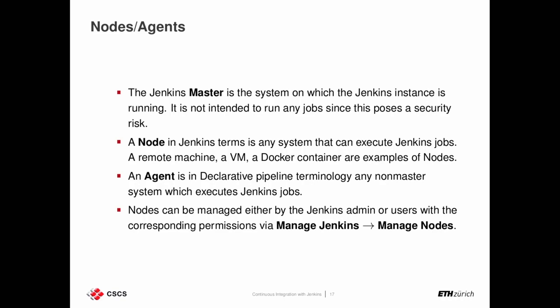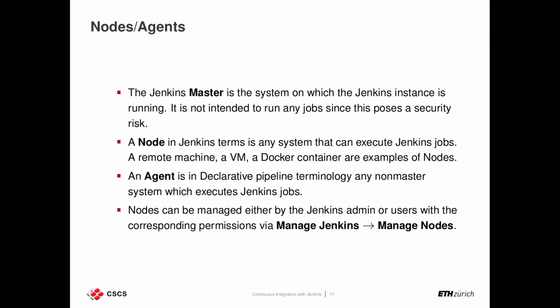The Jenkins master is, in Jenkins terms, the system on which we have our Jenkins instance installed and running. This is not intended to run any jobs since it poses a security risk. A node in Jenkins terms is any system that can execute Jenkins jobs, and it can be a remote machine where Jenkins can log in via SSH, a virtual machine, or even a Docker container.